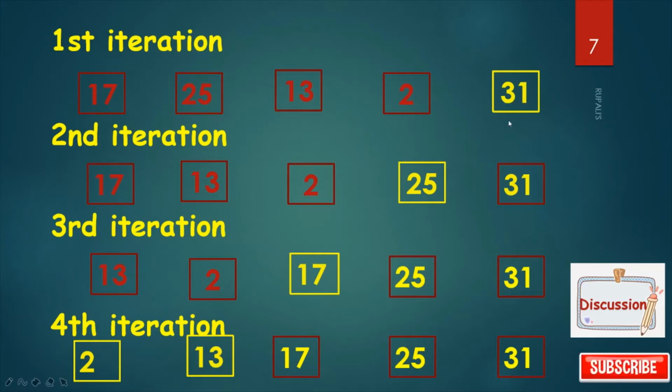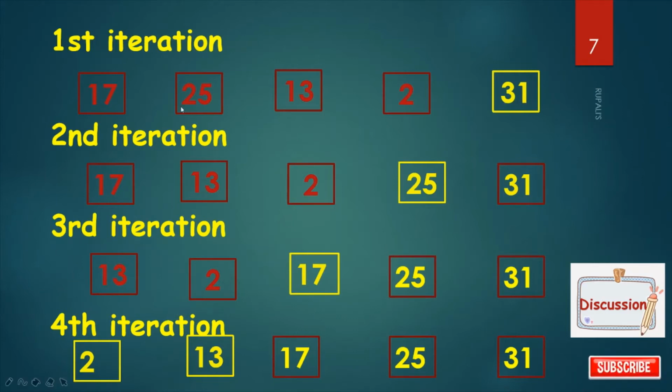So 4 comparisons are needed. In the second iteration, it is first with second, second with third, third with fourth. 3 comparisons are needed. In the third iteration, it is first with second and second with third. 2 comparisons are needed. And in the fourth iteration, 1 comparison is needed.